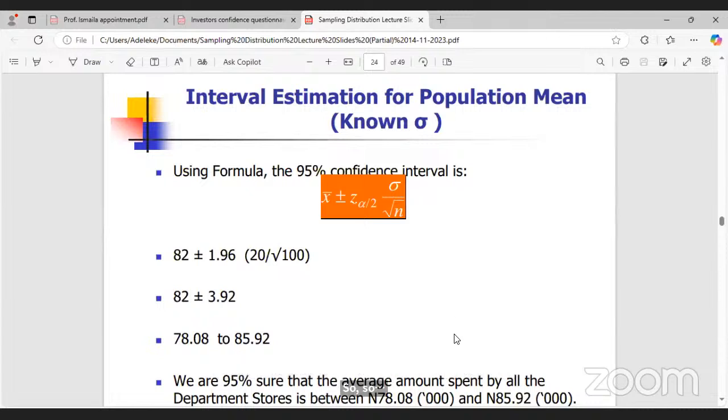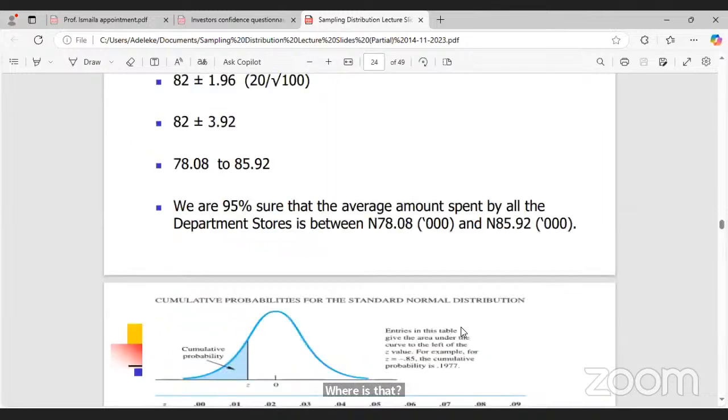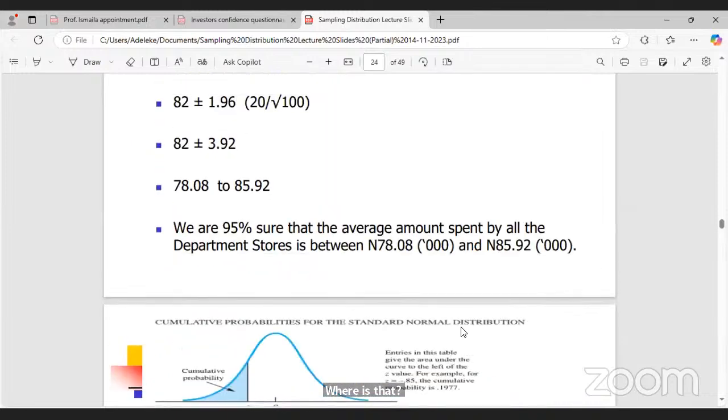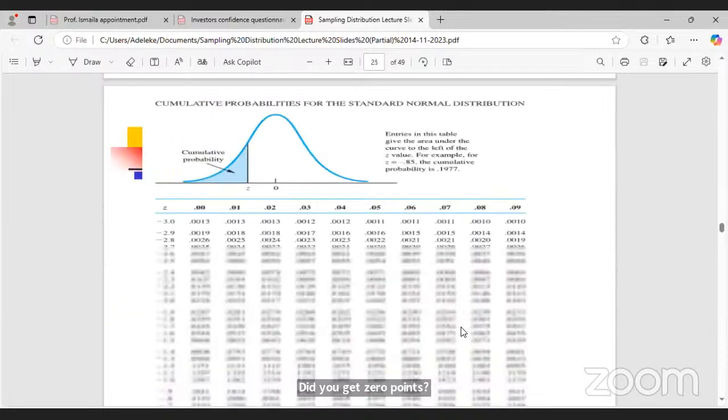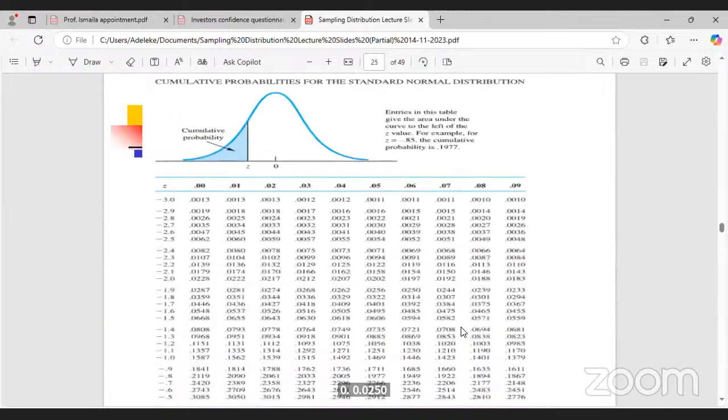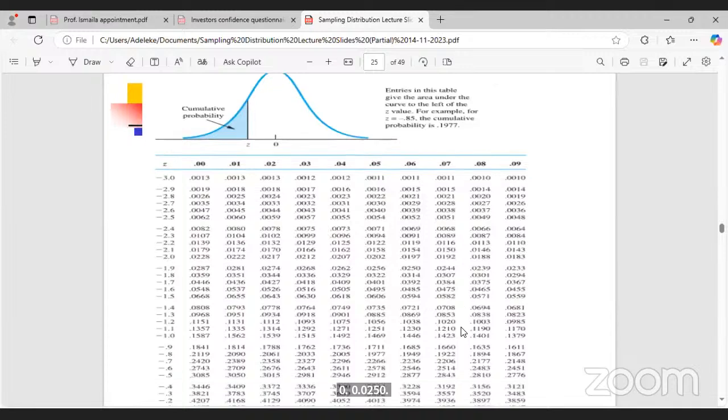Yes, ask your question. So how did you get 0.025? Well, how did you get it? That's what I'm asking you, sir. Remember, the confidence interval, 95% confidence interval, is the same as 5% error, 5% margin of error that you are tolerating.